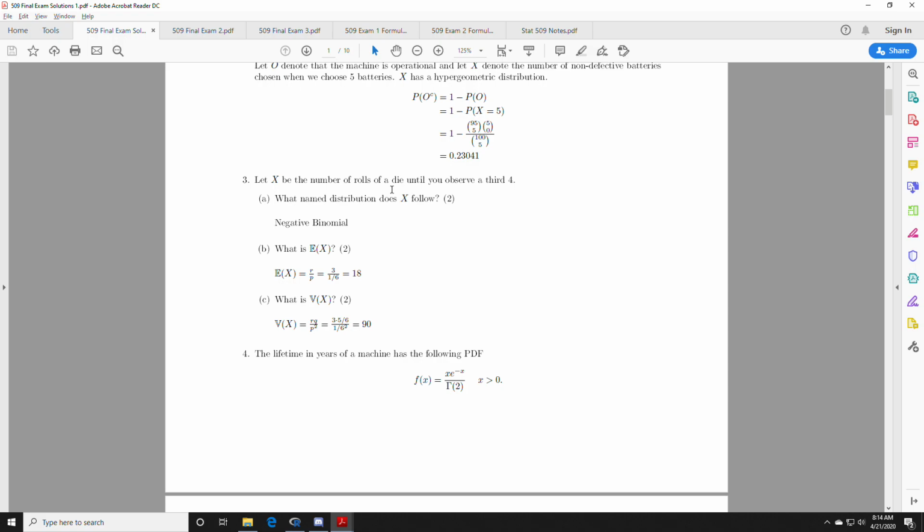So I just want to warn you about that. If you look some of these formulas up, especially for the discrete distributions, it could give you the wrong thing.